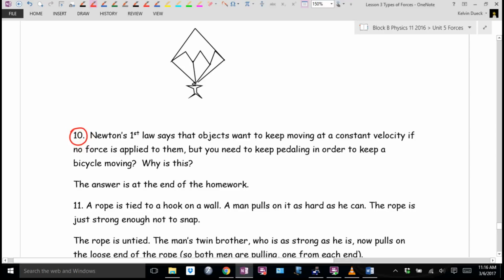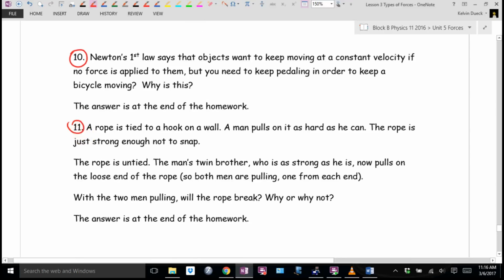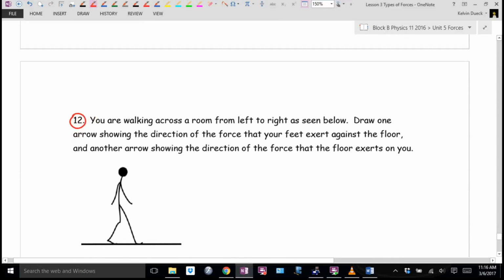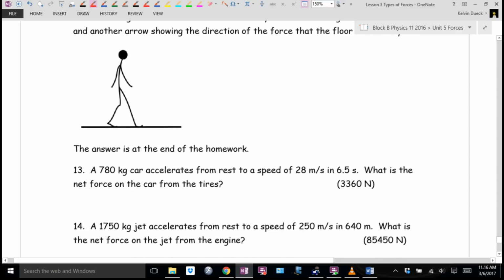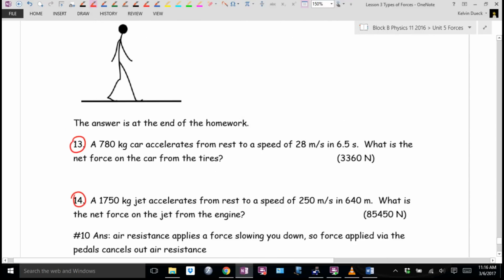Answer is going to be at the end of the homework. 11 is good. It's also a thought question. Answer is at the end of the homework. 12 is good. 13, 14. And then there's some of the answers as well.